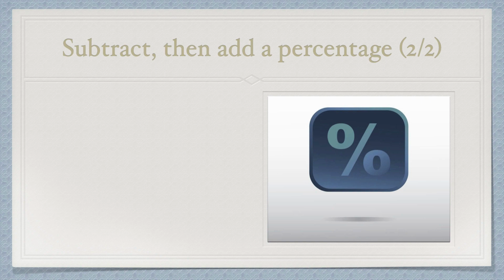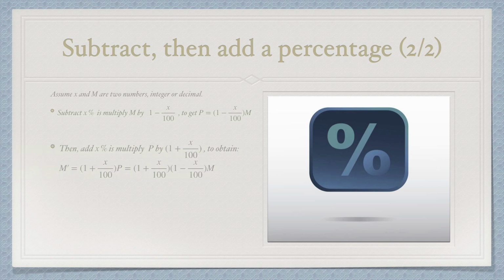Let's generalize that result. Assume that x and m are two numbers, integer or decimal. Then subtract x% to m is multiply m by 1 minus x over 100 to get p equals 1 minus x over 100 multiplied by m.